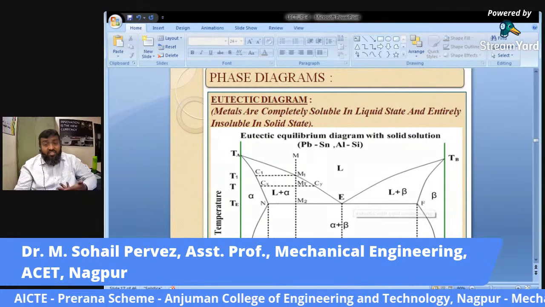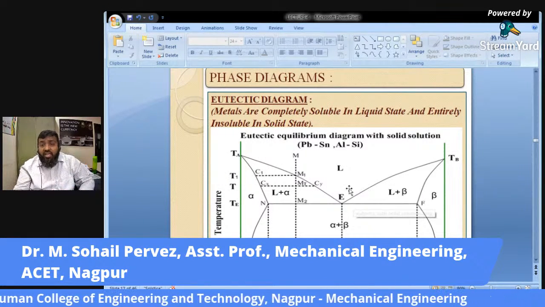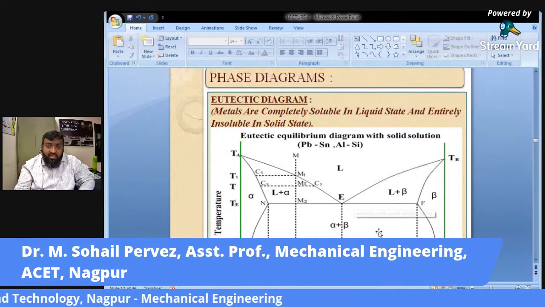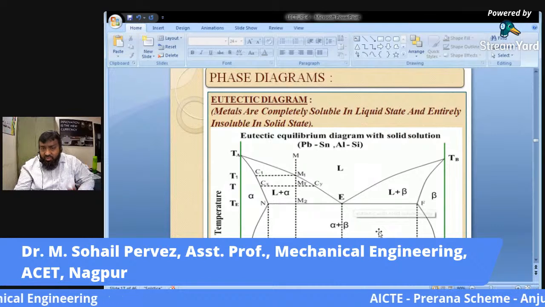So here the transformation is from liquid to two solids, S1 and S2. So this would be the case, and that's why I have specifically explained the eutectic diagram.